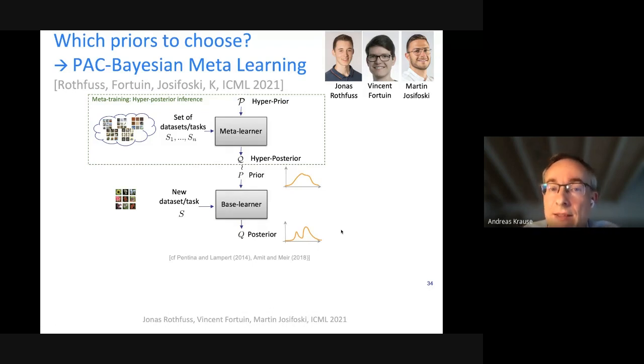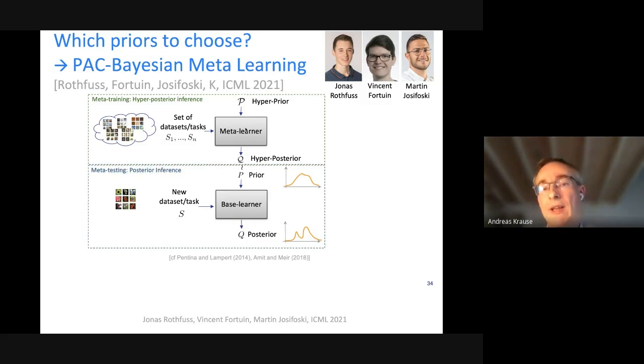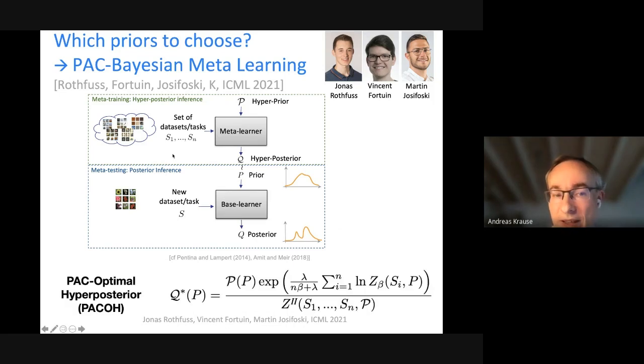In particular, they derive an optimization formulation over a family of hyperpriors that minimizes a PAC-Bayesian generalization bound on the transfer error, the error of transferring predictors across multiple related data sets. And if you do this, then what the base learner does is apply posterior inference on that learned hyperprior distribution.